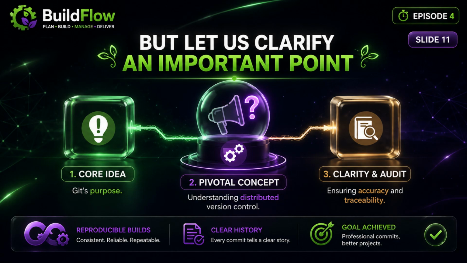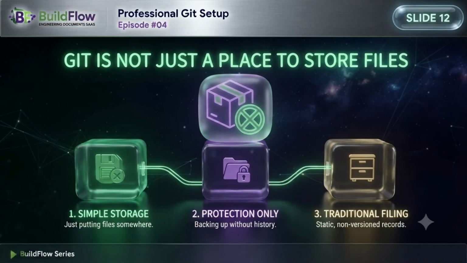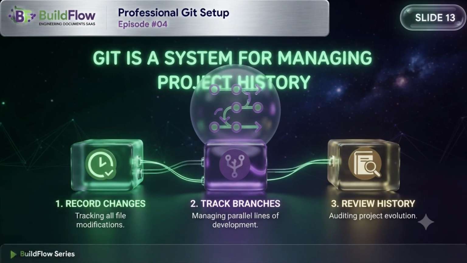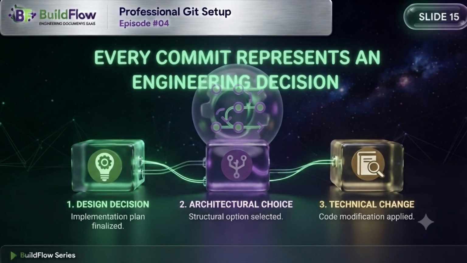But let us clarify one important point. Git is not simply a place where we store files. Git is the system for managing the history of the project. Every commit represents an engineering decision.